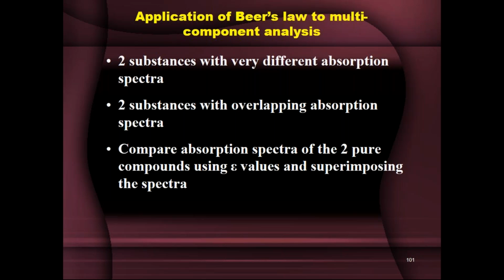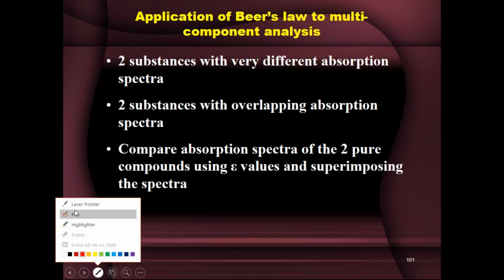So we'll take a simple case where there are two substances present in your formulation. Now, when we say that there are two substances, there could be different circumstances. You could have two substances with very different absorption spectra. What it means is that when you take a spectrum of this combined sample, you will get two spectra, that is, the peaks will be obtained at very different points.